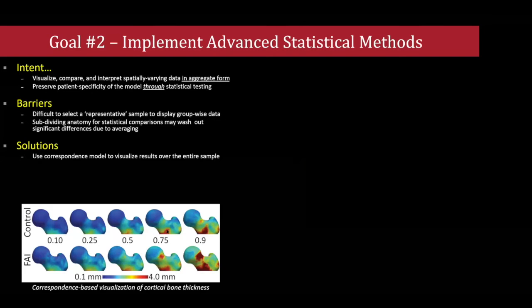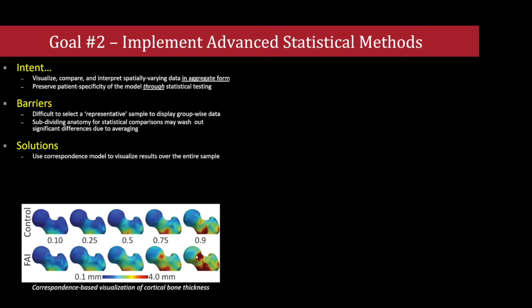And what you can see here is that when we go from the 10th to the 90th percentile, controls clearly have less cortical bone thickness than FAI patients. And that cortical bone thickness is elevated in the region of the cam lesion. So this is a very nice way, I think, of displaying spatial data that accompany shape. In this case, cortical bone thickness is accompanying shape.